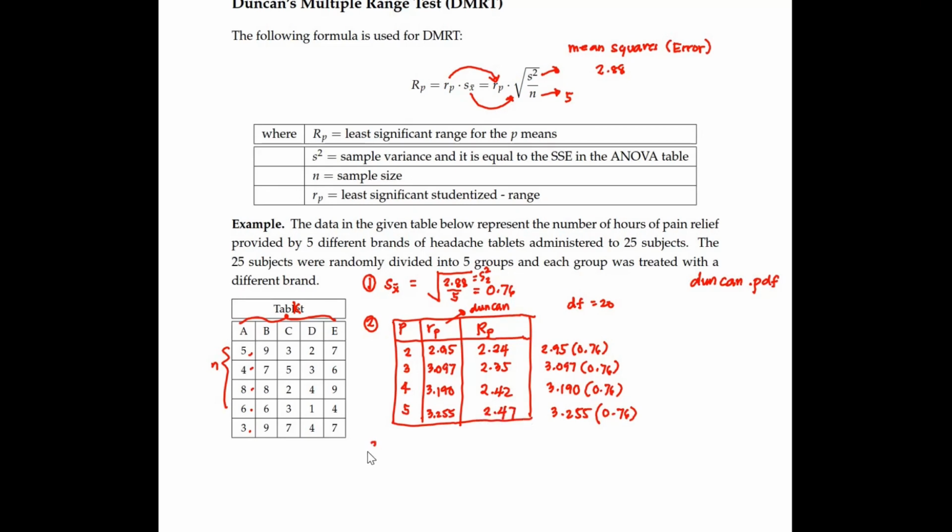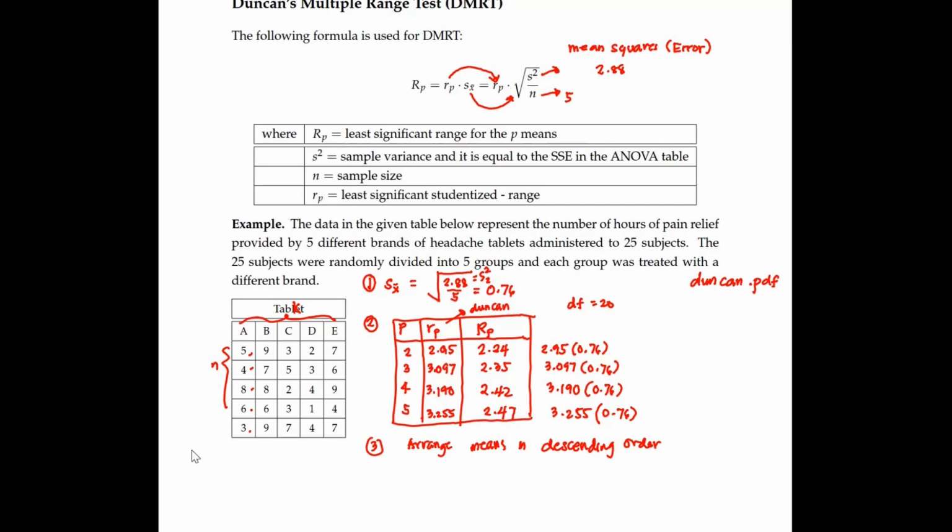After that, we'll proceed with step number 3. Step number 3 is to arrange all the means in descending order. So what are our means?